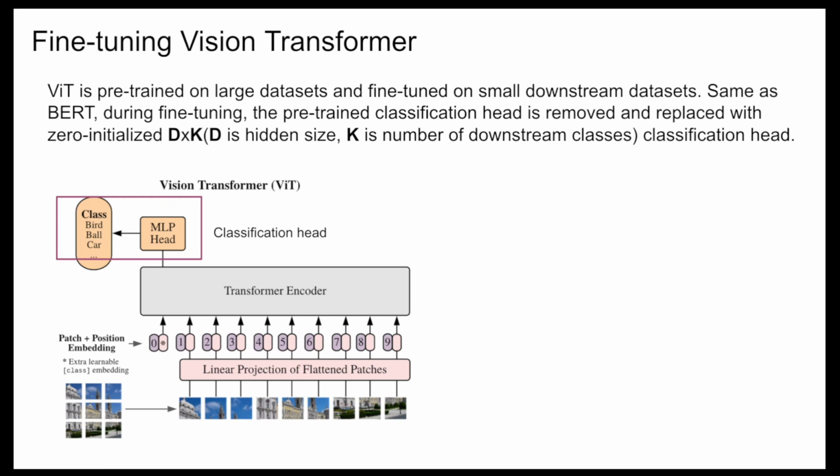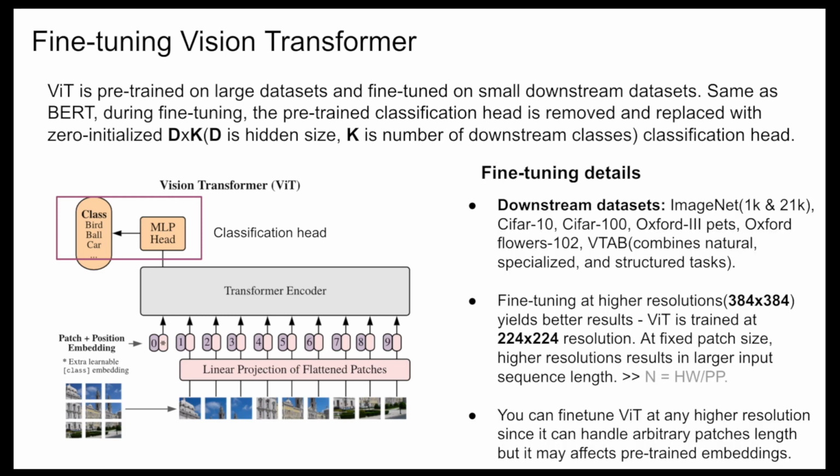For example, for ViT base, D would be 768, and for CIFAR 100, K would be 100 classes. The fine-tuning datasets are ImageNet 1K and 21K, CIFAR 10, CIFAR 100, Oxford-IIIT Pets, Oxford Flowers 102, and VTAB, which combines natural, specialized, and structured tasks.